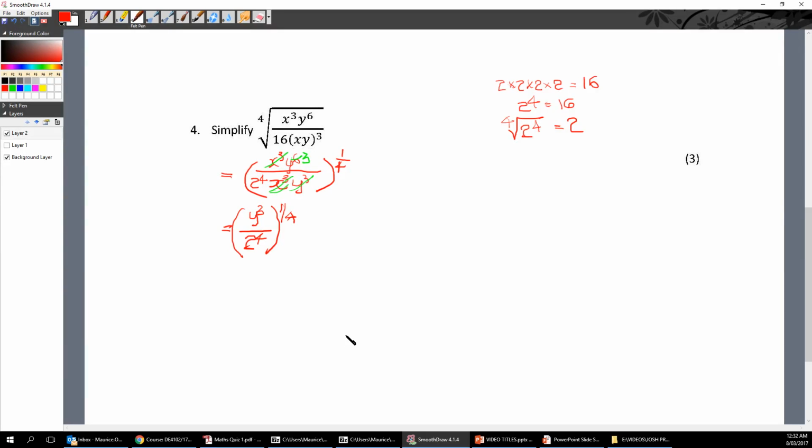Now we know that from our indices that we just multiply.